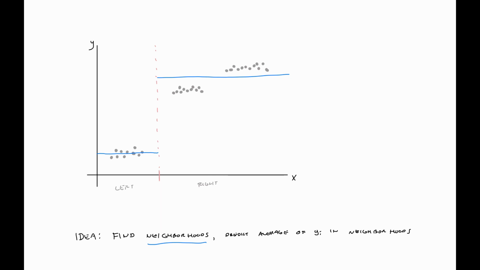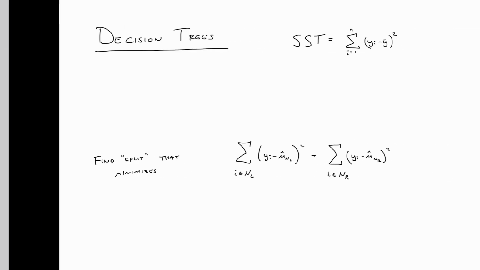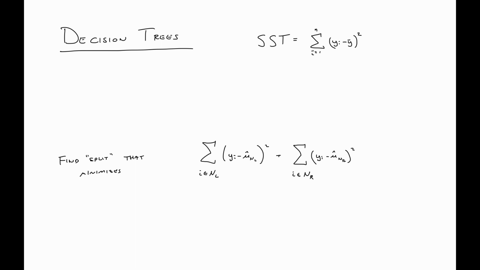And if I wanted to then predict a new point, say here, well, I would predict that average. All right, so good idea. You might see an improvement we can do to this already, but we'll get there. So this is the idea of decision trees.